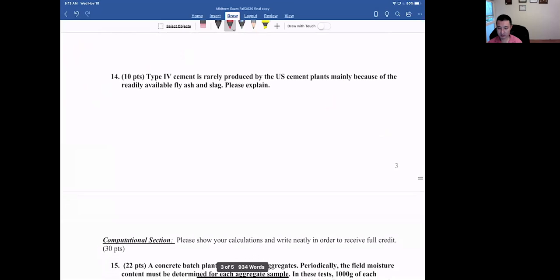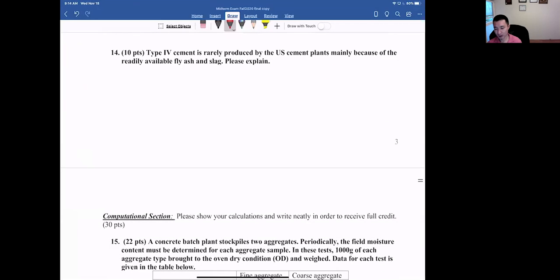Question number 14. Type 4 cement, which is low heat cement, is rarely produced in the US because fly ash and slag is readily available. Why? So this question is very simple because we talk about the pozzolanic reaction.